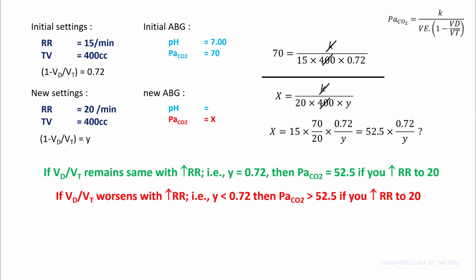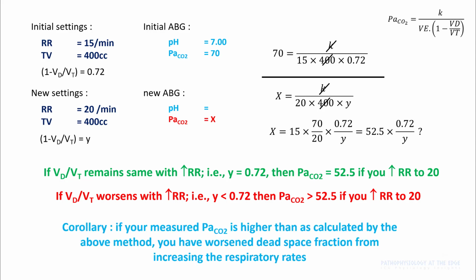This is seen in patients with obstructive lesions, for example COPD, and this is one of the reasons that your PaCO2 might not fall to your desired target when you increase the respiratory rate, because you are worsening your dead space. You can also look at this in a different way: if you measure your PaCO2 after increasing the respiratory rate, and your PaCO2 is higher than calculated by the above method, you possibly have a worsened dead space fraction from increasing the respiratory rate.